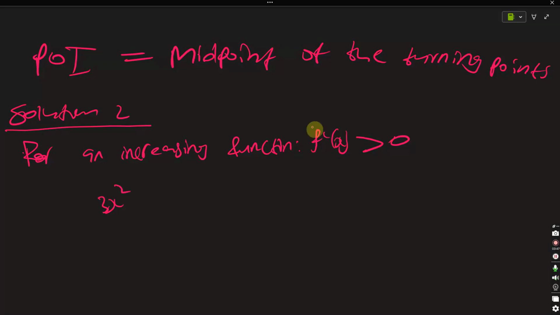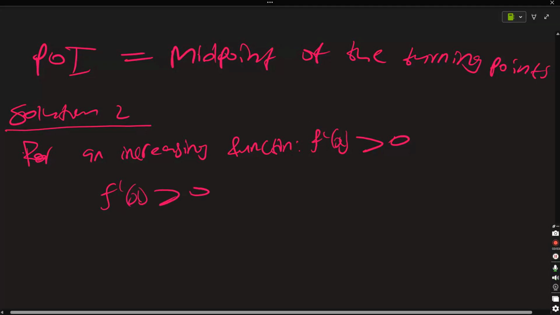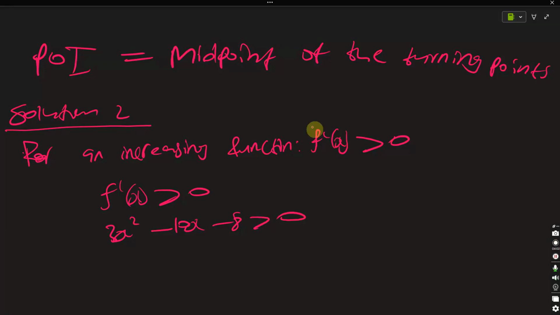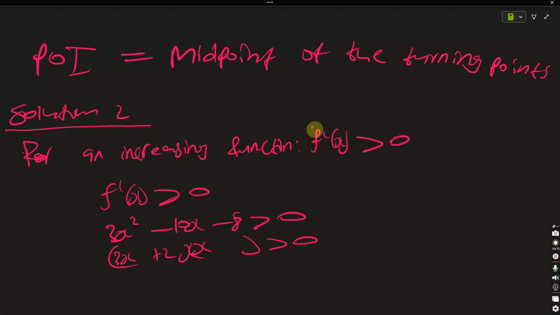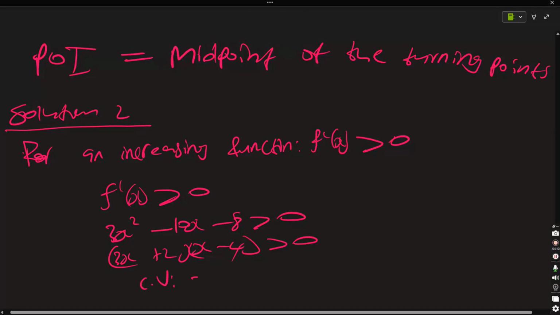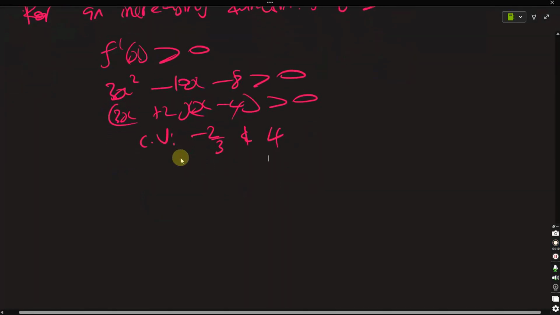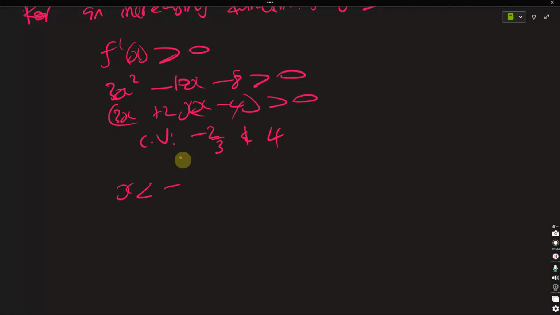It's 3x squared minus 10x minus 8. So f prime of x is greater than 0, which is 3x squared minus 10x minus 8 greater than 0. When you factorize, you have (3x plus 2)(x minus 4). The critical values are minus 2/3 and 4. That means the graph is increasing when x is less than minus 2/3, or when x is greater than 4. Is that true?